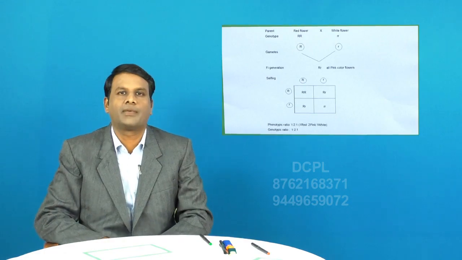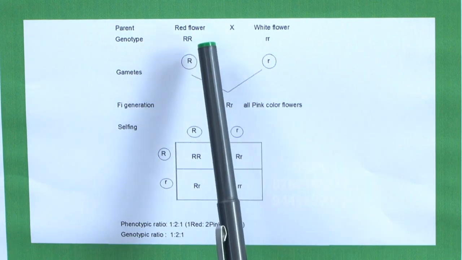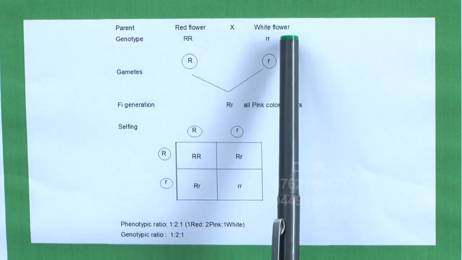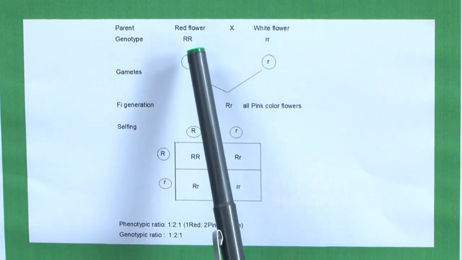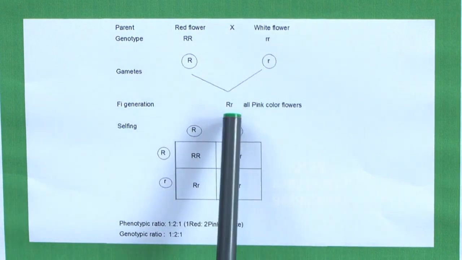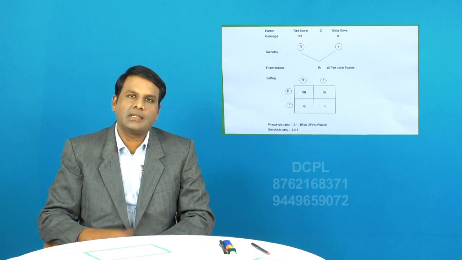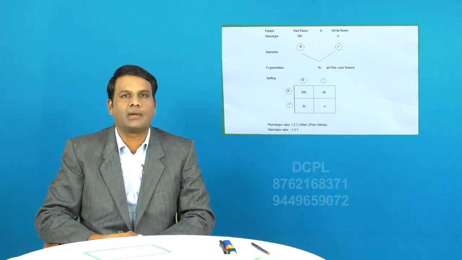Dear students, before taking up the next question, let us understand a different type of monohybrid cross. When you see the chart, a plant producing red flowers is crossed with a white flower. This is the genotype and the gametes, and the F1 generation in heterozygous condition shows all pink flowers. This type of cross is called incomplete dominance.